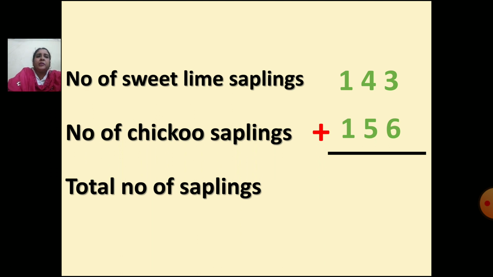So 3 plus 6 is how much? Yes, 9. Now we will add tens place number, right? 4 plus 5. How much it will be? 9. And 1 plus 1? 2. So total number of saplings, how many are there? 299.